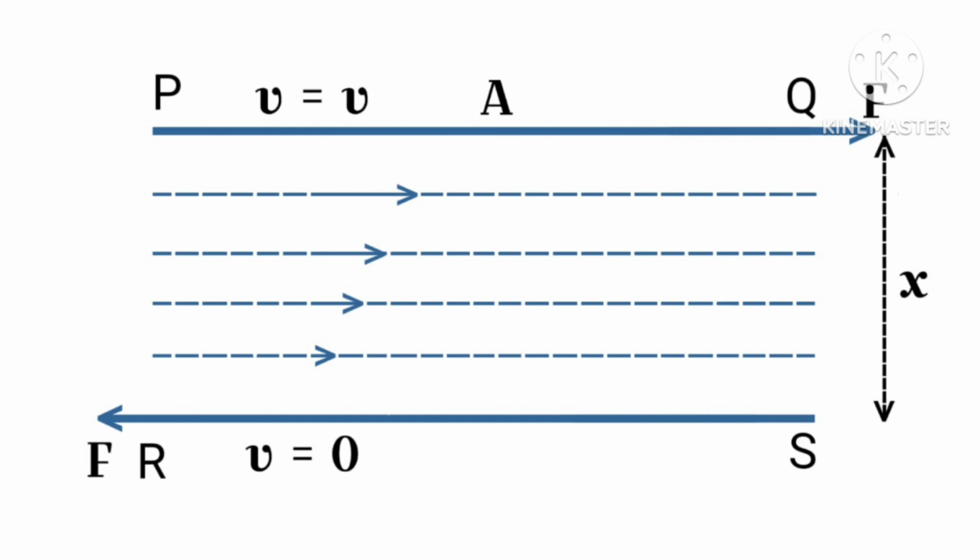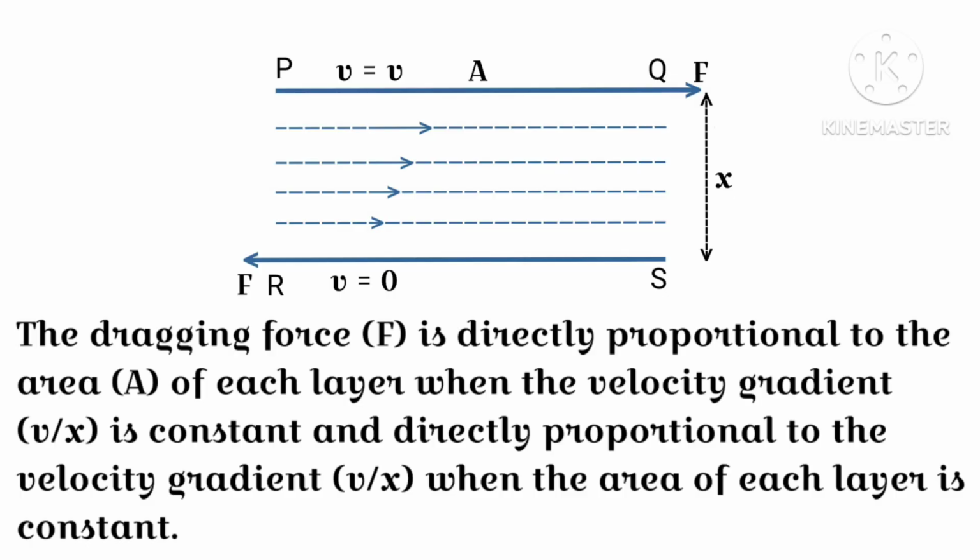If the dragging force is F, then for streamline motion, Newton proved that the dragging force is directly proportional to the area of each layer when the velocity gradient is constant, and the dragging force is directly proportional to the velocity gradient when the area of each layer is constant.